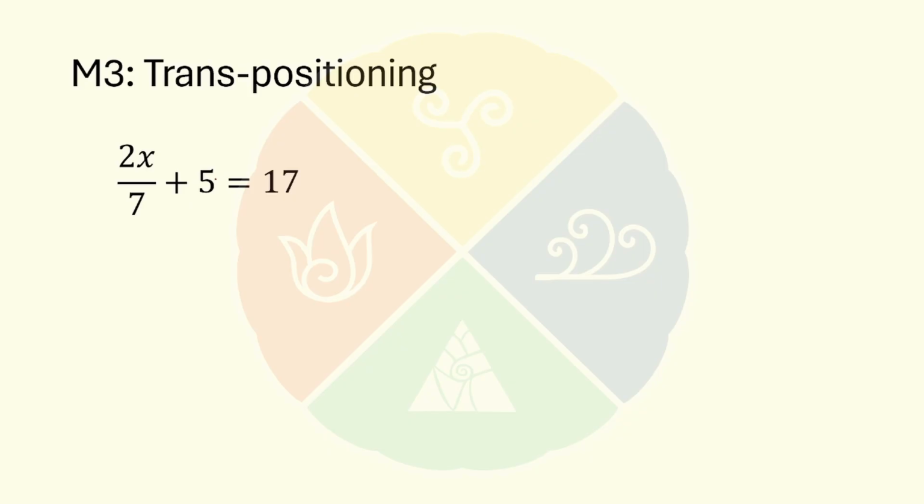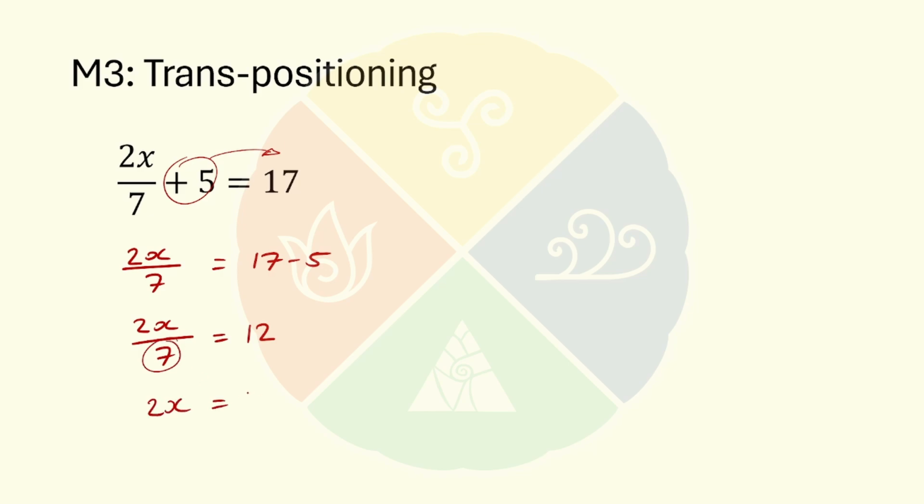Addition and subtraction can change side at the same time. Division and multiplication can also change side at the same time. First, this guy will change side. Wow, 17 minus 5. I think it is 12. Now, dividing 7 will go to the other side to become multiplying 7.